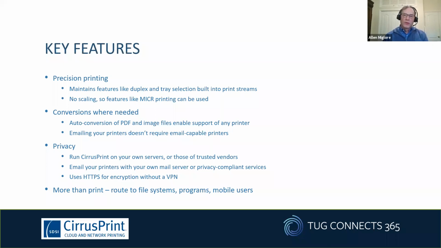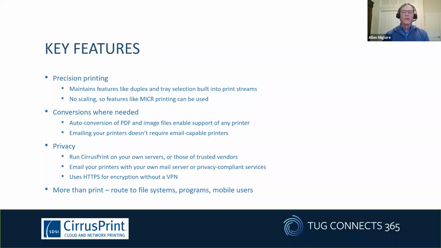Likewise, the email addresses that you use are those that you control on your mail server. You're not going to a printer vendor and working through their data center and dealing with whatever the performance issues might be of a consumer service like that. Instead, you're using your own mail server.